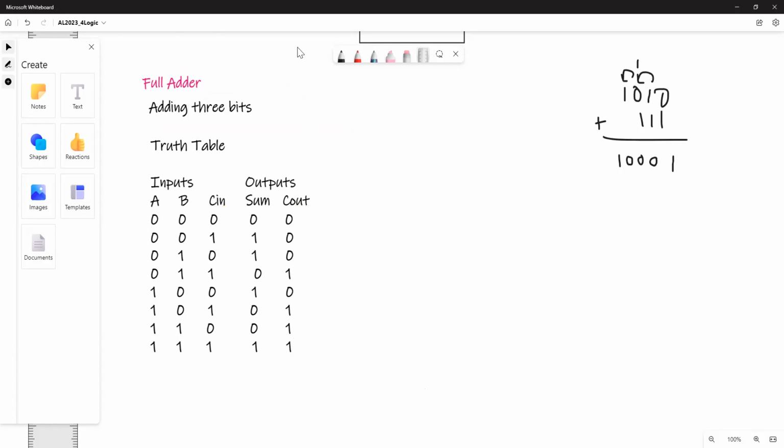Now, I'm going to finish this one. I want you to come up with the expression for sum and carry.